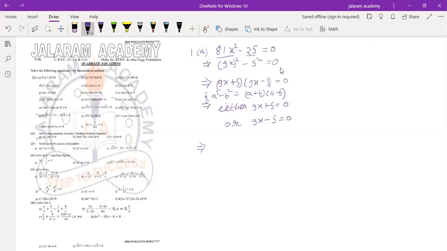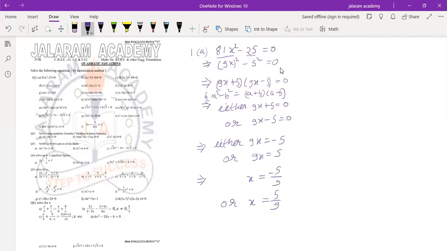It implies either 9x equals to minus 5 or 9x equals to 5. It implies x equals to minus 5 by 9 or x equals to 5 by 9.